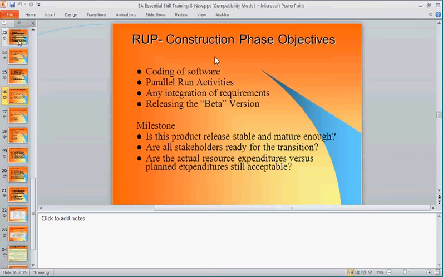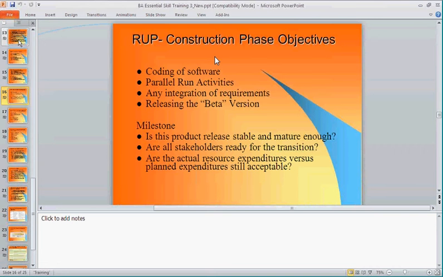Is the product release stable and mature? We need to say, do we think that this is good enough? Mature meaning no bugs, no issues. Is it stable and mature? If the answer is yes, then great. If no, then you need another iteration.